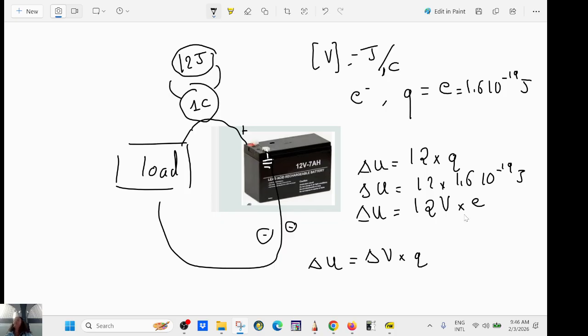And what is the unit that we get? What is that unit? eV. 12 eV. So we can define a new unit of energy called the eV.